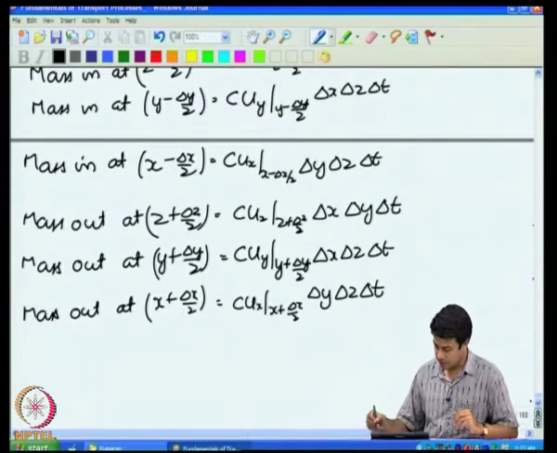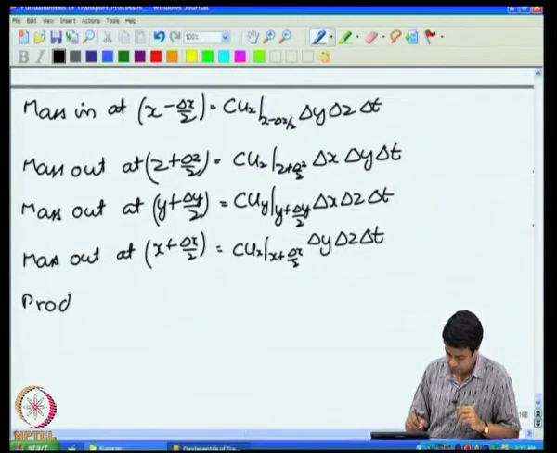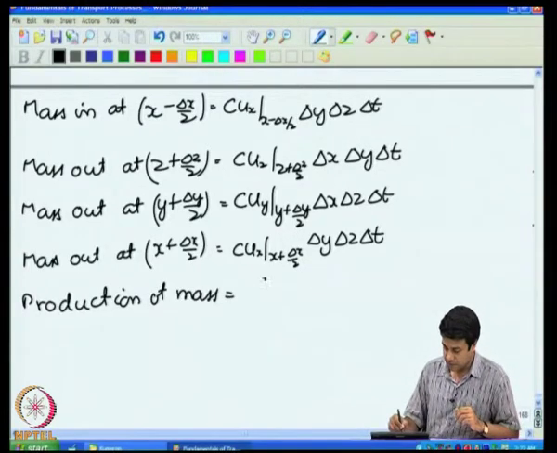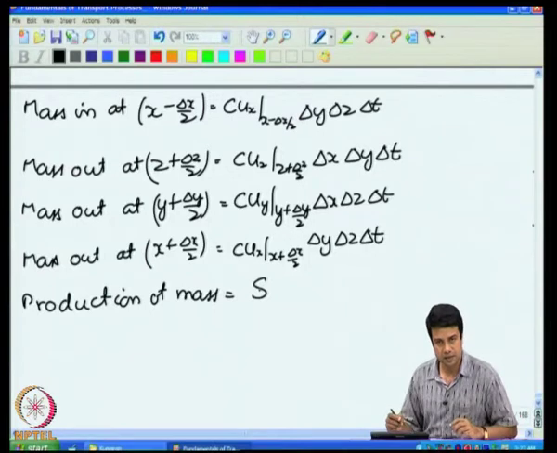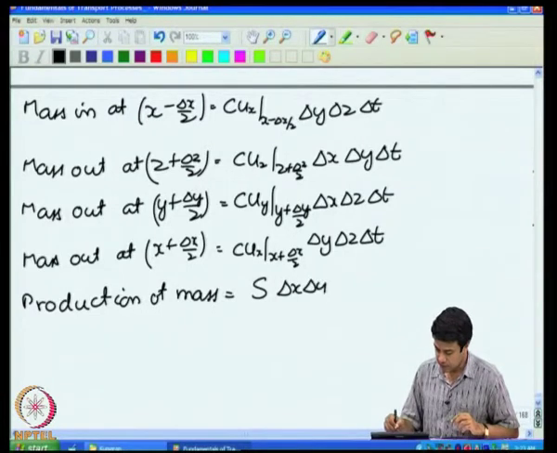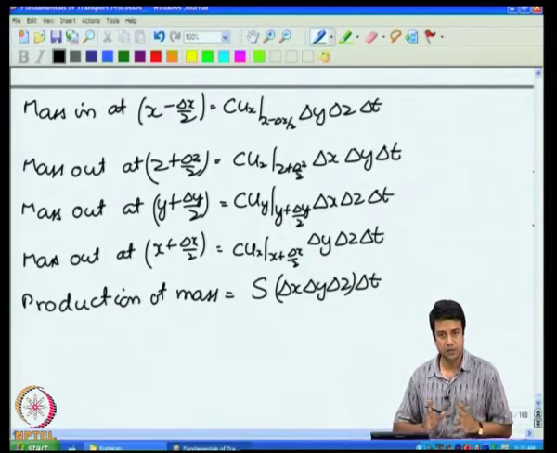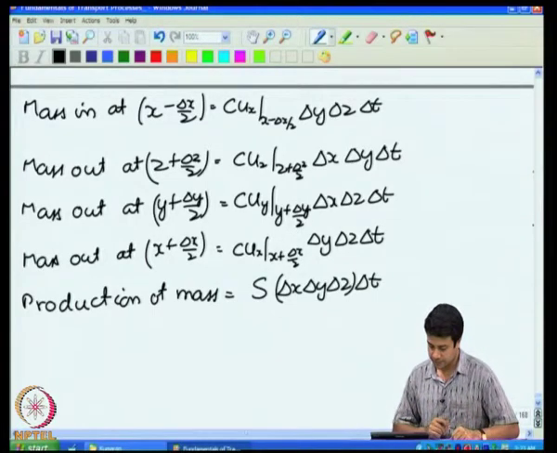In addition, there could be a source of production of mass. This is going to be of the form some production, this is per unit volume per unit time, times the volume delta x, delta y, delta z into the time delta t, because the time delta t is the time period over which that production has taken place.